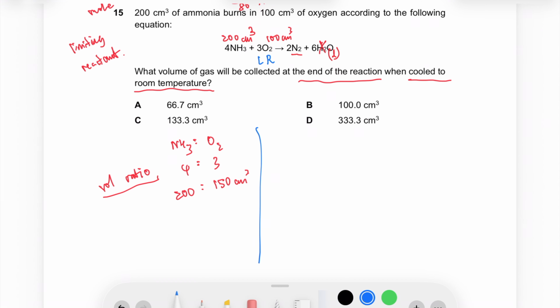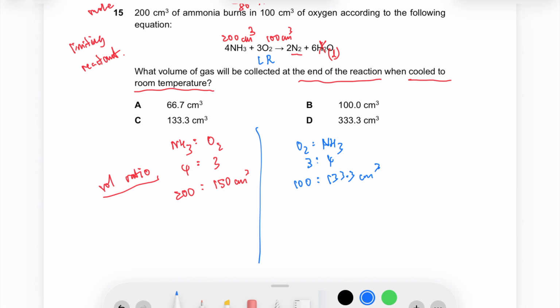Okay, so now coming back, so now if oxygen gas is 3:4, this is 100. Okay, so 4 unit will be 133.3 cm cube.